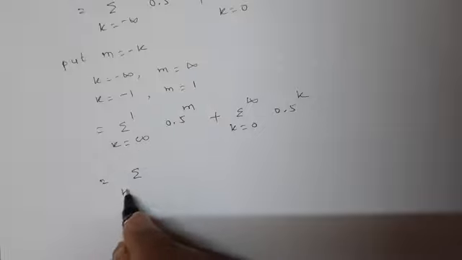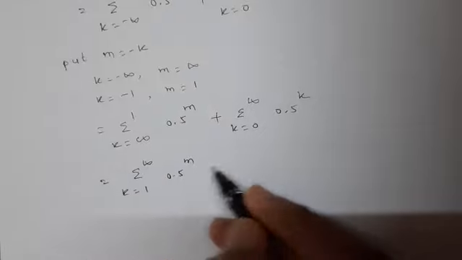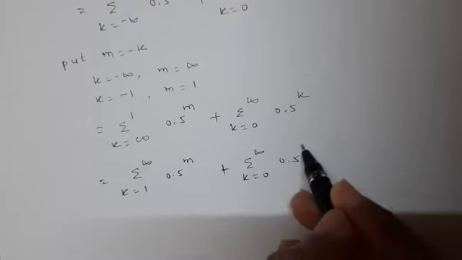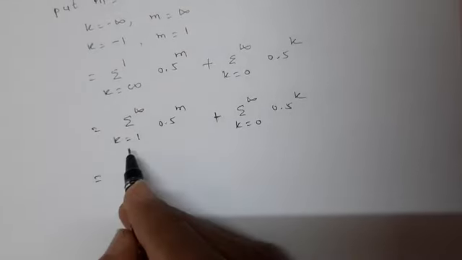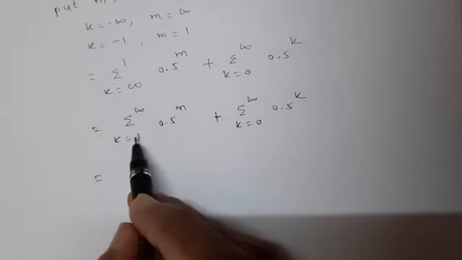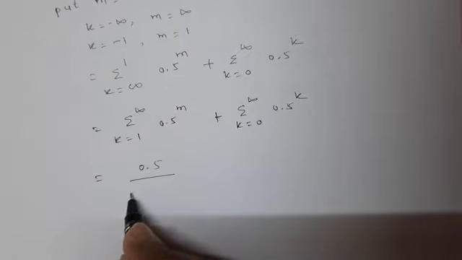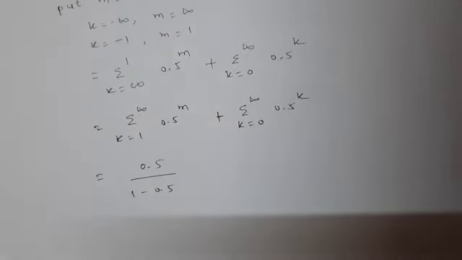Can I write this as summation k equal to 1 to infinity, 0.5 to the power m, plus summation k equal to 0 to infinity, 0.5 to the power k, which is equal to, for the first, 0.5 divided by 1 minus 0.5. We have dealt with these formulas in the Z transform.